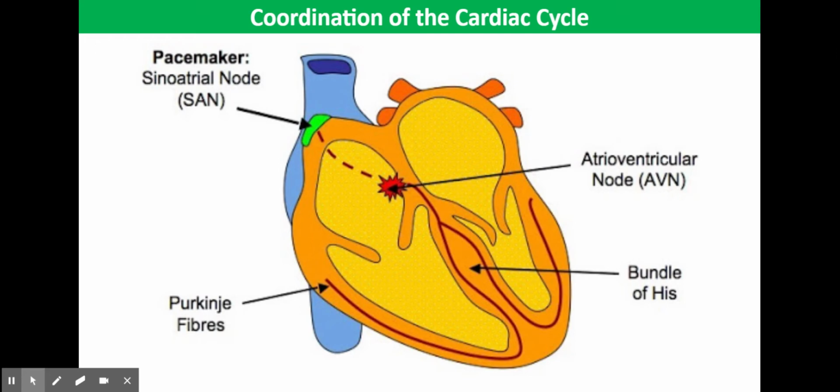At the base of the septum, the wave of excitation spreads out and over the walls of the ventricles. As the excitation spreads upwards from the base, the apex of the ventricles, it causes the muscles to contract. This means that the ventricles contract from the base upwards. This pushes blood up towards the major arteries at the top of the heart.